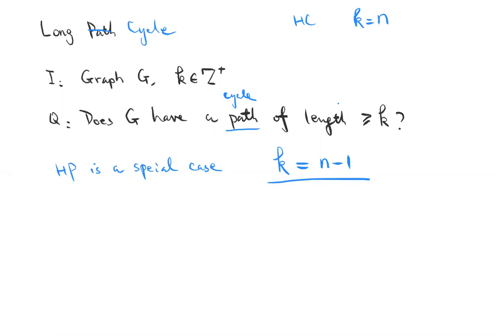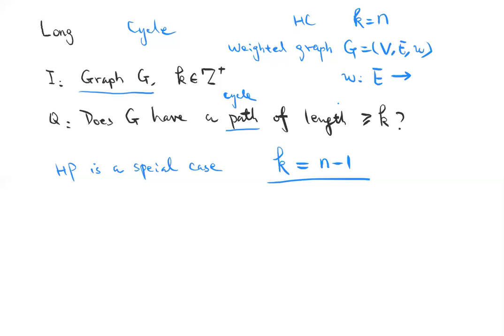Okay. Now if we stay on cycle, but instead of an unweighted graph, now this one is a weighted graph. So here the heaviest cycle, or maximum weight cycle.